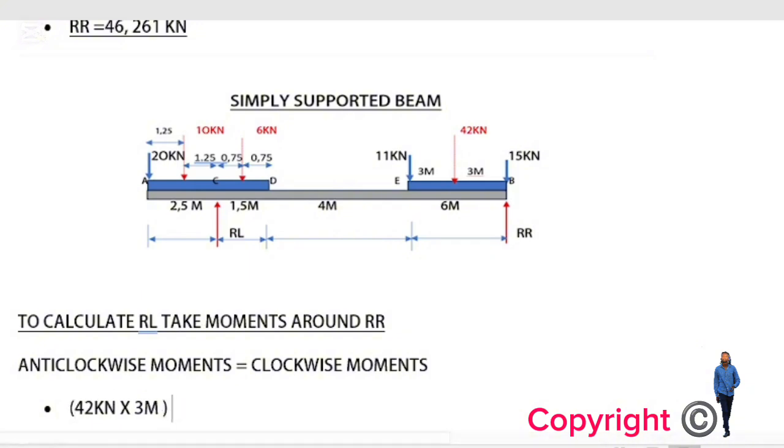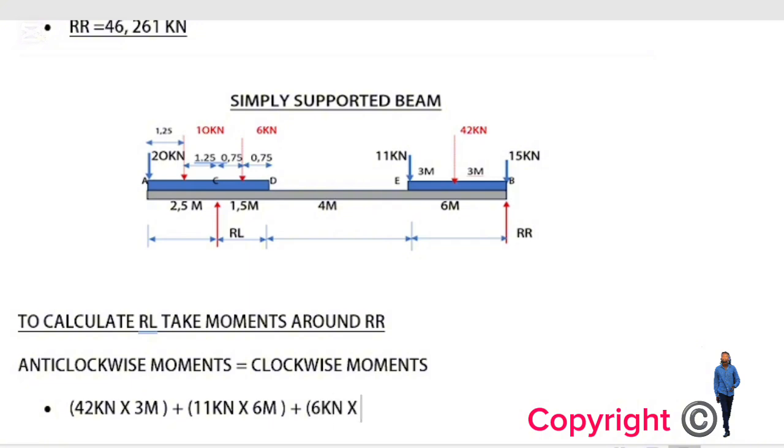Then let's go to another one. Another one, it will be 11 kilonewton multiplied by the distance. On the 11, the distance will be 6 meters. So let's go to 6 kilonewton.